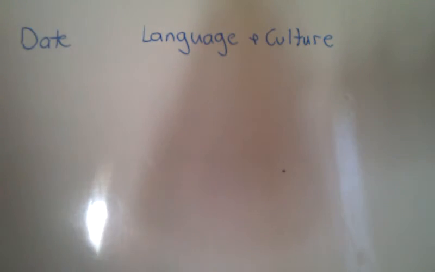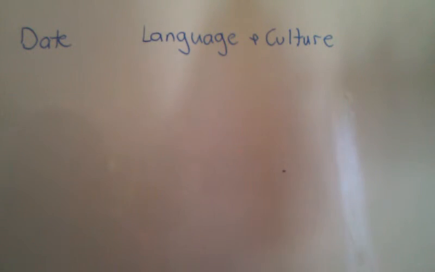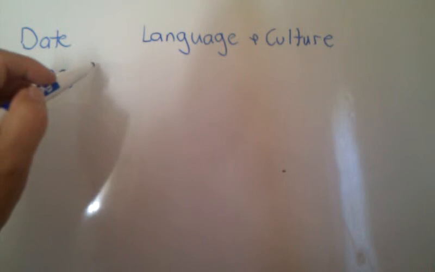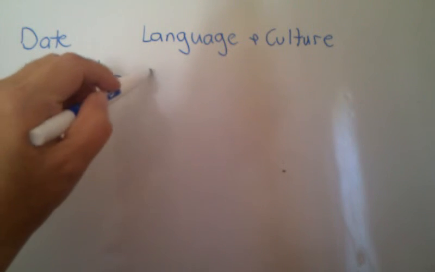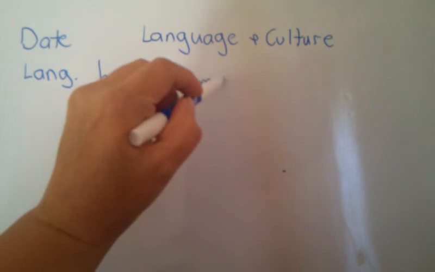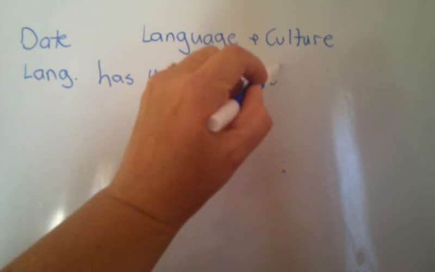Since then, languages have changed even more as they move around the world and adapt to new places, things, and ideas. All languages possess at least 4 common characteristics. Okay? So language has 4 common characteristics.